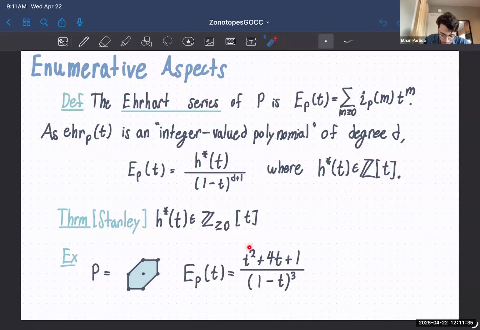And now I have some numerator that has non-negative coefficients, and I can hope it counts stuff. And maybe as a combinatorialist, I want some interpretation of these coefficients. But Stanley's theorem, at least the proof I know and the proof Stanley originally gave, really does need algebra to go through. And I want to tell you at least a little bit about that.